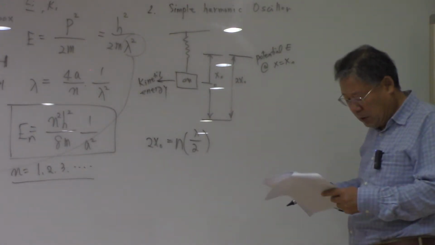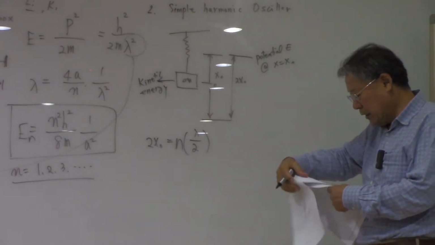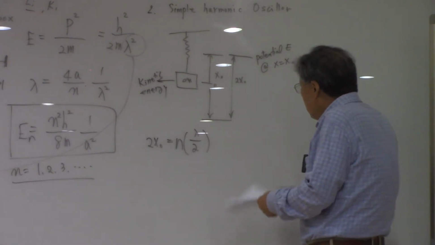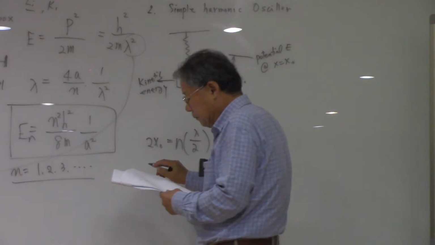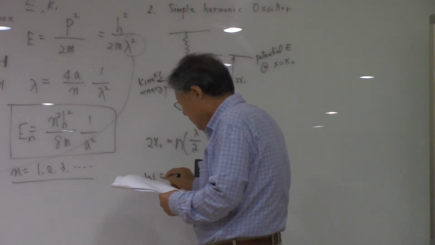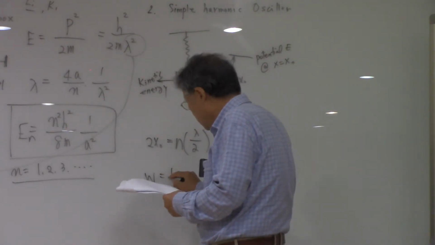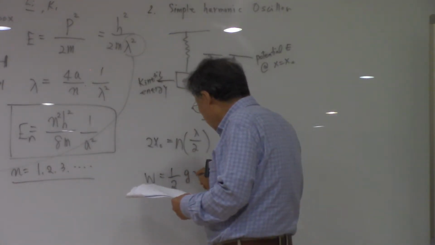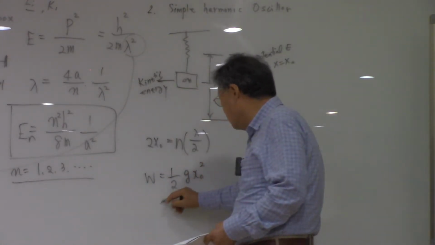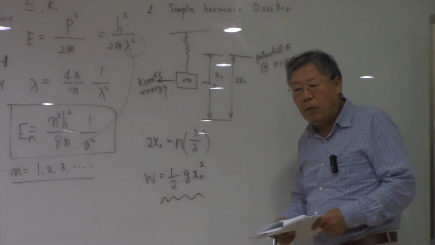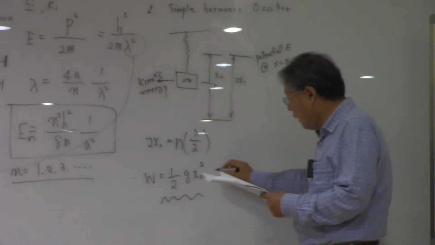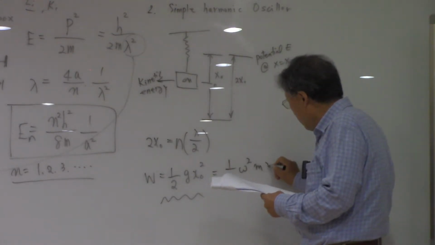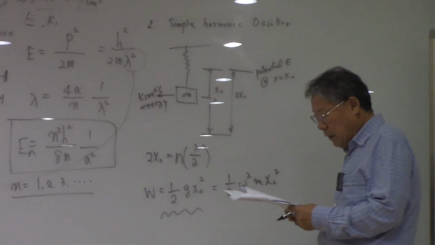So utilizing this fact, we have the energies related to the spring force, and then that is omega square m x naught square.